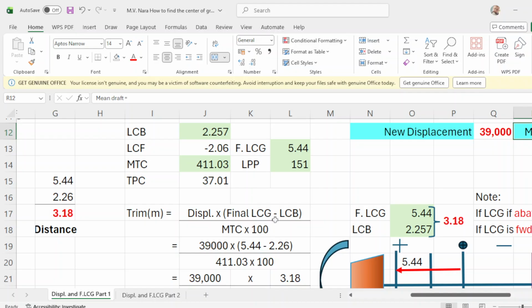The sign here is negative, so 5.44 minus 2.26 is 3.18.